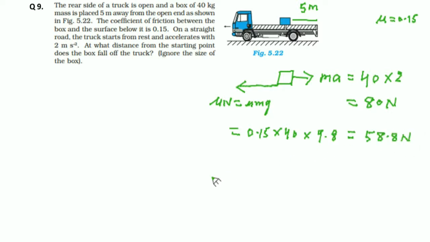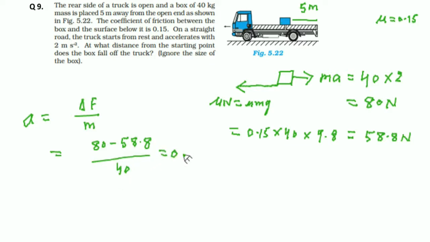Okay, so on the right side force 80 Newton is acting, on the left side force 58.8 is acting. So the acceleration equals net force divided by mass, that is 80 minus 58.8 divided by 40, which equals 0.53 meter per second square.